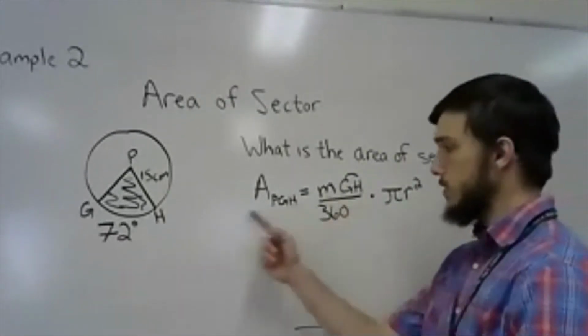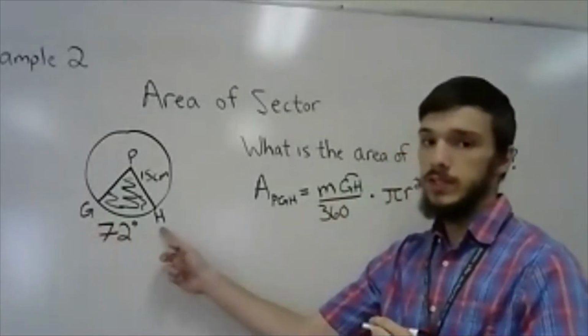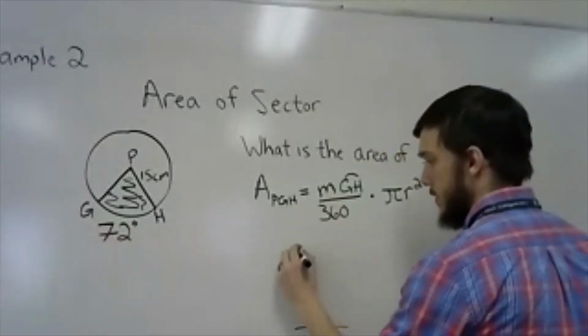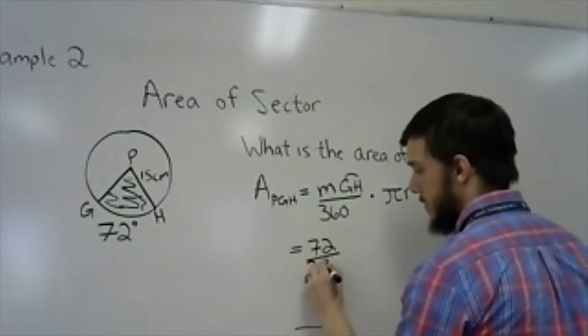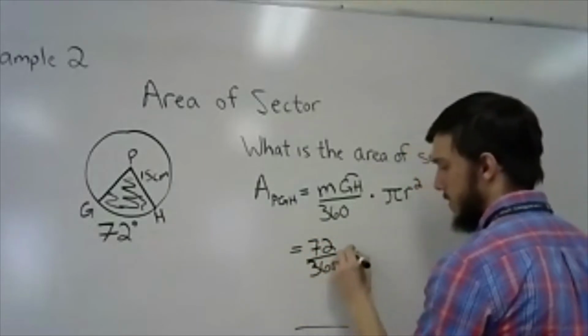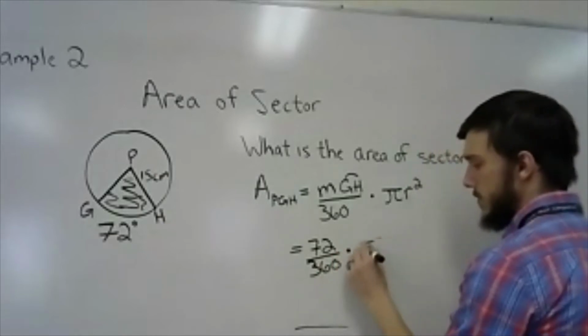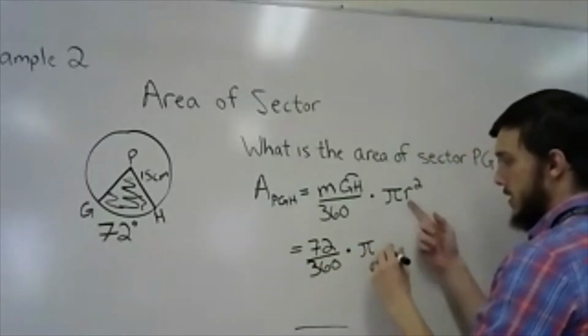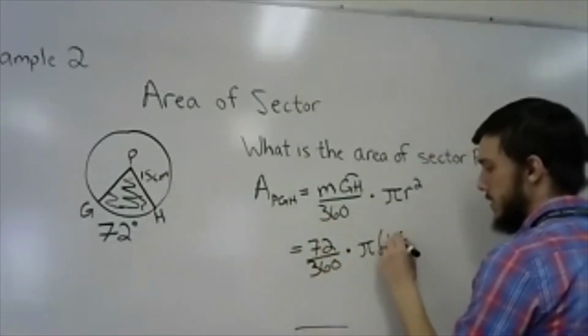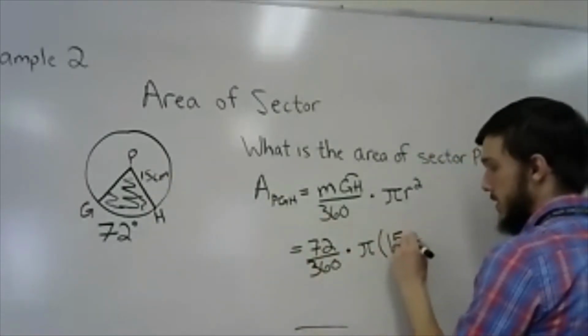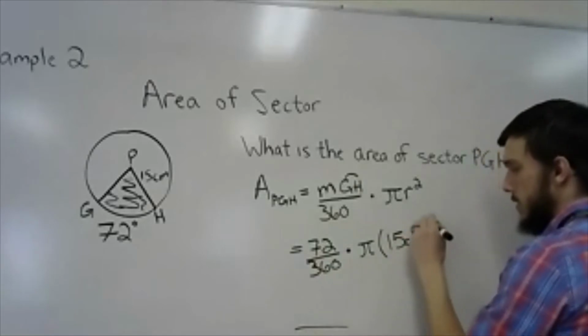We know that the measure of arc GH is 72 degrees. So 72 over 360 times pi times our radius, which is 15 centimeters squared.